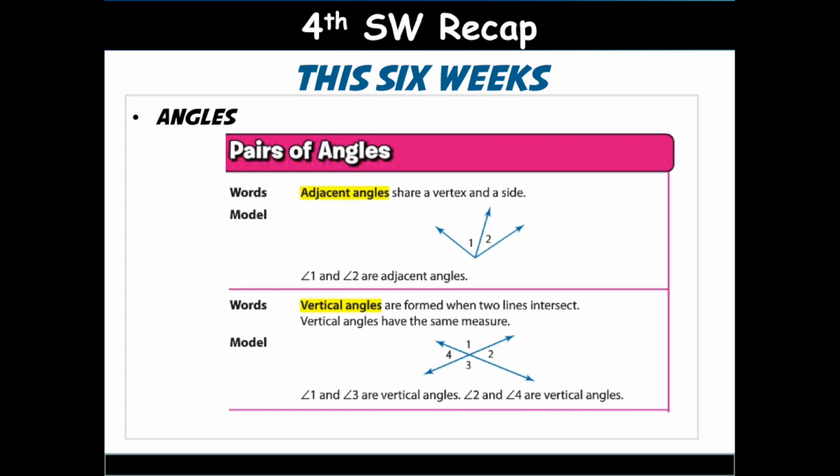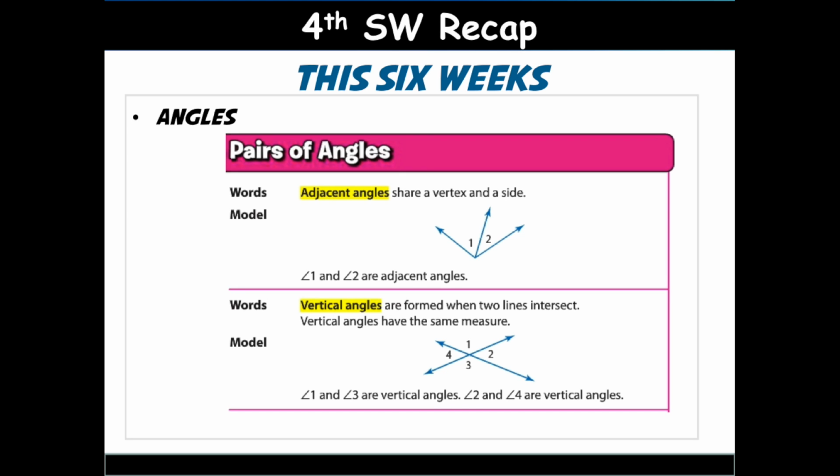As far as the lessons in the second half, something you saw was angles, and we talked about adjacent angles, which are angles that are side by side. They share a vertex and a side, if you think about it that way. And then we also had vertical angles. If you look at vertical angles, you'll notice it's when you have two lines that intersect and the angles that are above each other.